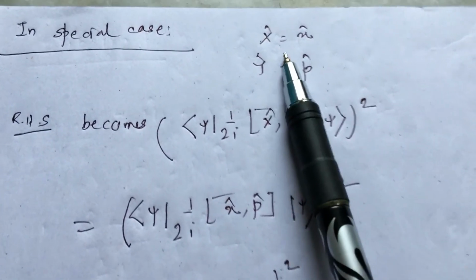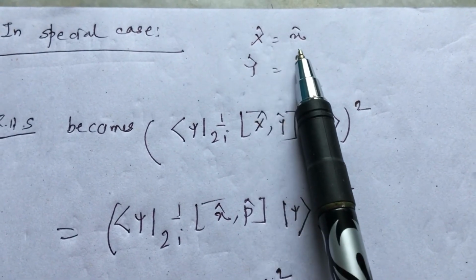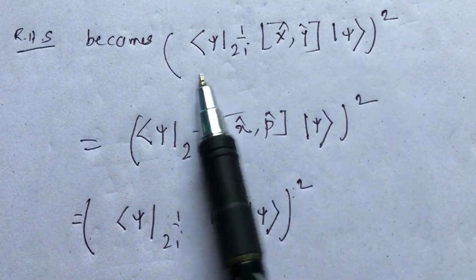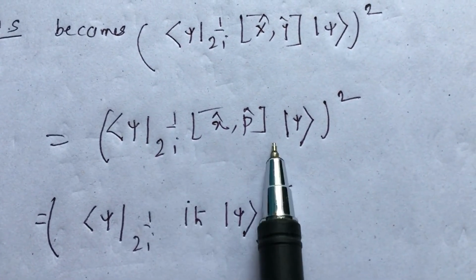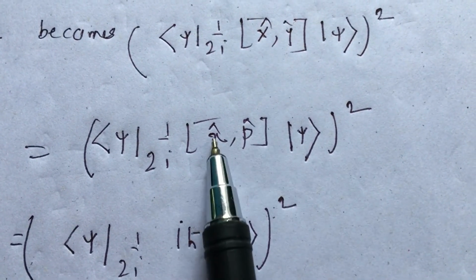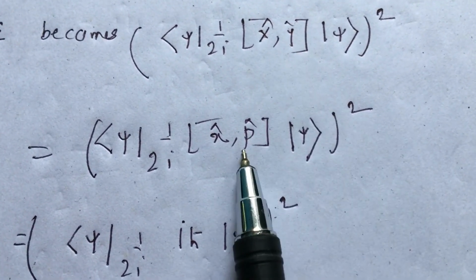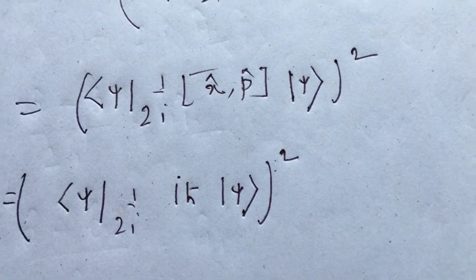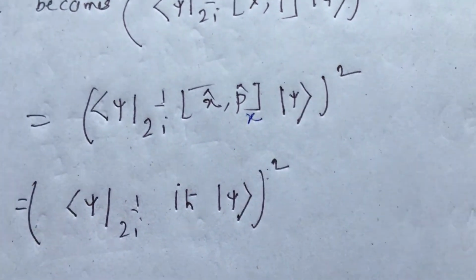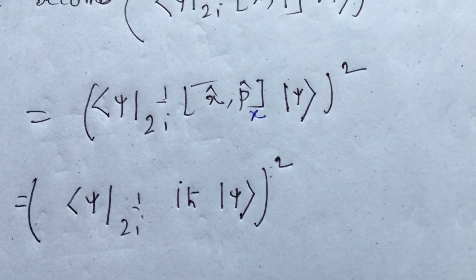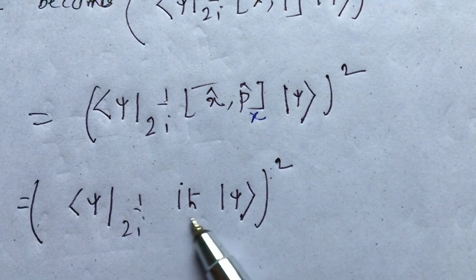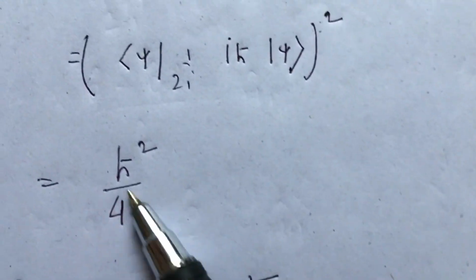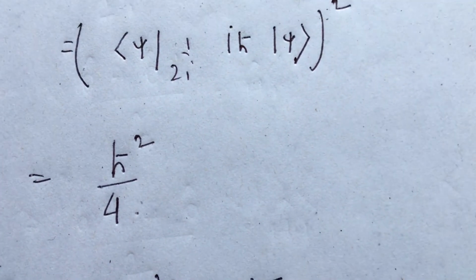And in any special case, if I consider this x operator as my position operator and this y operator as my momentum operator, the right hand side will become this one, because in place of x I put position operator, in place of y I put momentum operator, and we know the commutation relation of position and momentum. I should write this as px, and the commutation relation between x and px should be i h cross. The i cancels out. I have h cross by 2, which means I get h cross square by 4.